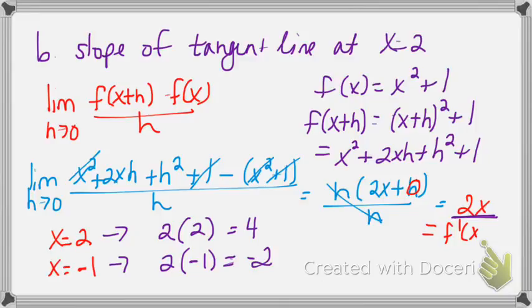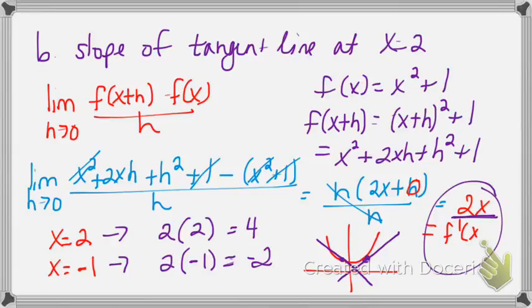And that makes sense if you think about the graph, because x squared plus 1 looks kind of like that. If I go to 2 and I draw a line, the slope is approximately 4. If I go to -1 and I draw a line, the slope is approximately -2. This f prime of x is like your formula, and then if you want to find the slope at any point, you just plug those values in for x to figure out the slope at those places.